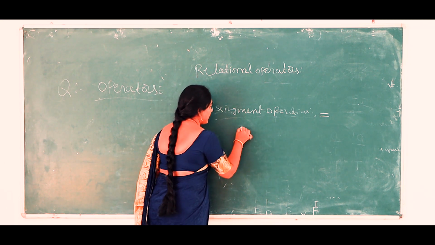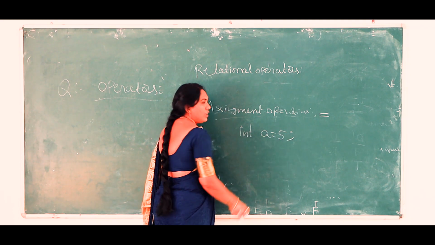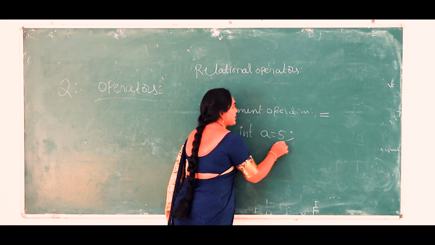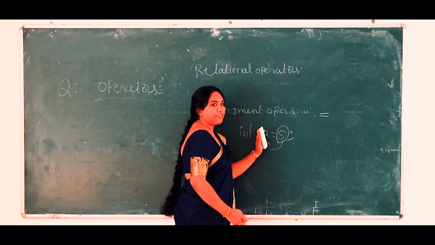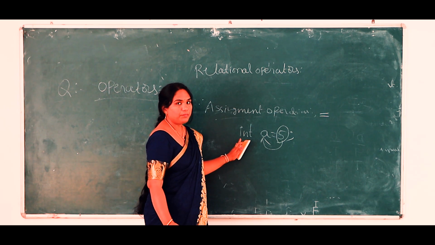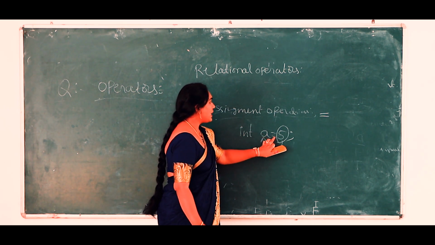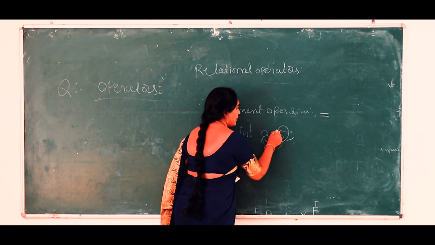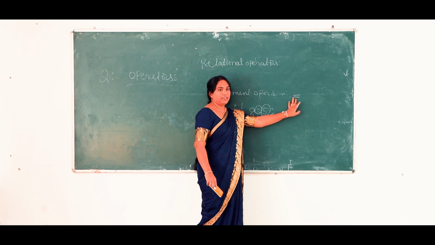In the previous class I discussed with you, int A is equal to 5. Now we are assigning the right side value into the left side. What is A actually? A is the variable. We are assigning a value into the variable by using the assignment operator, the single equal.